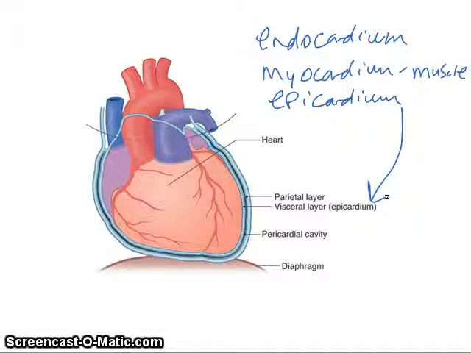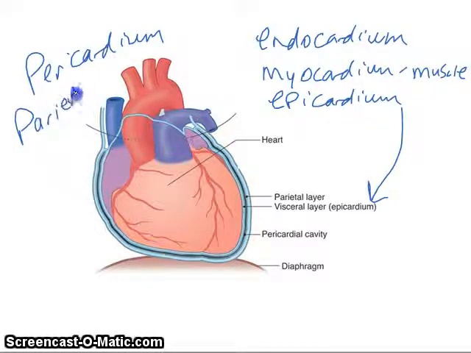So the heart is enclosed in a double-walled or double membrane sac called the pericardium. The outer layer of the pericardium is the parietal layer. So again, that would be this outer layer here. And then the inner layer of the pericardium, the inner layer of that sac, is the visceral layer.